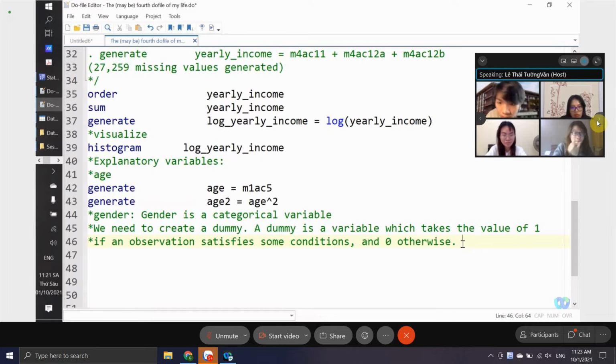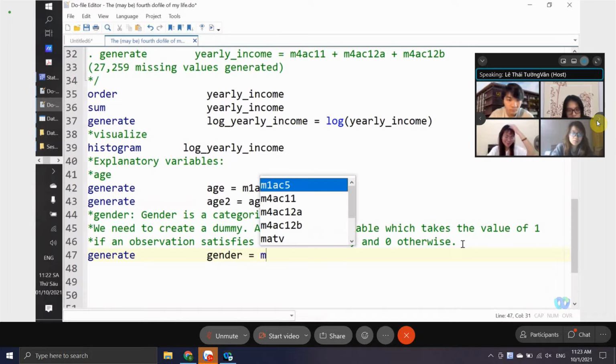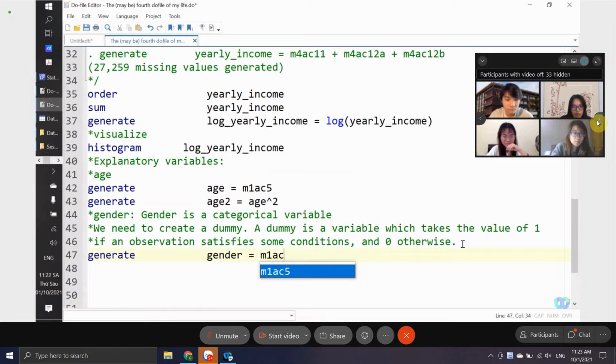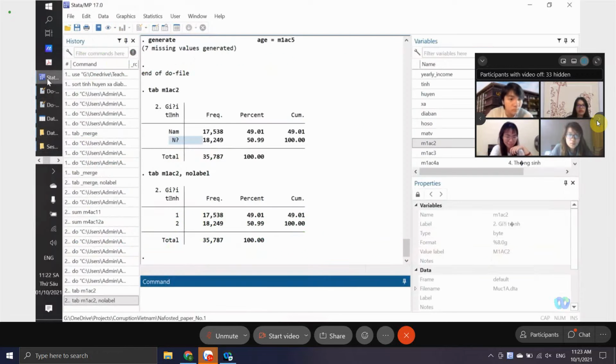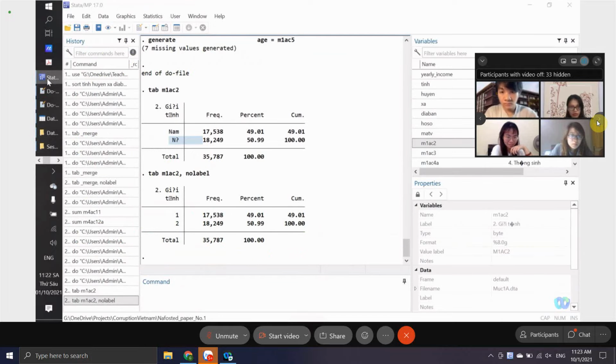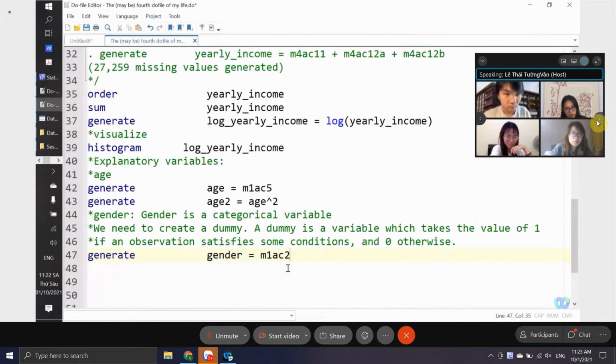So you will generate gender equal to number 2, right?